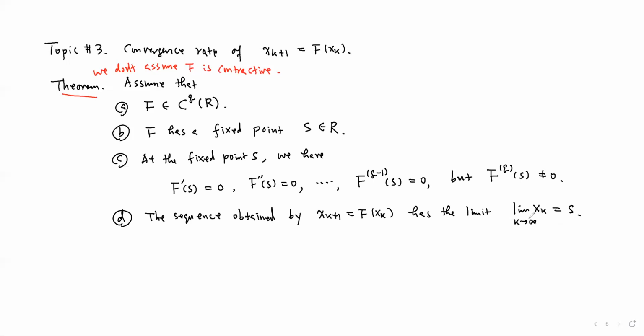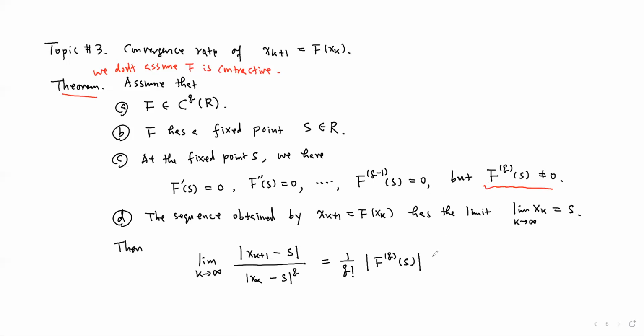Now I can tell how fast this convergence is. The conclusion is how fast x_k is approaching S. The limit as k goes to infinity of |x_{k+1} minus S| over |x_k minus S| to the power q is 1 over q factorial times the absolute value of the q-th derivative of capital F at S. But from this condition, this is a non-zero number.